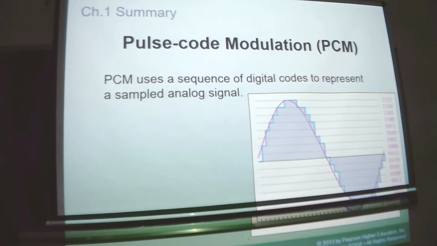And the next concept is pulse code modulation, named PCM.